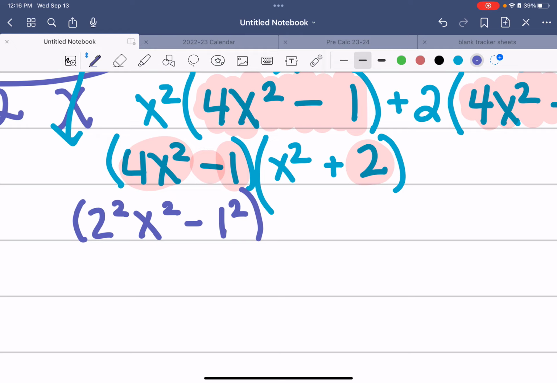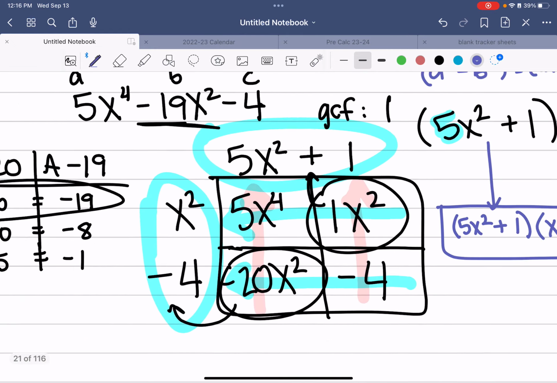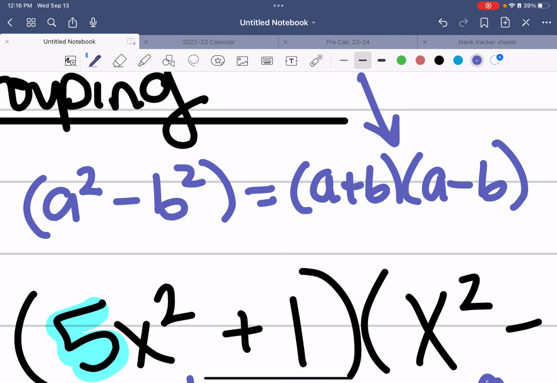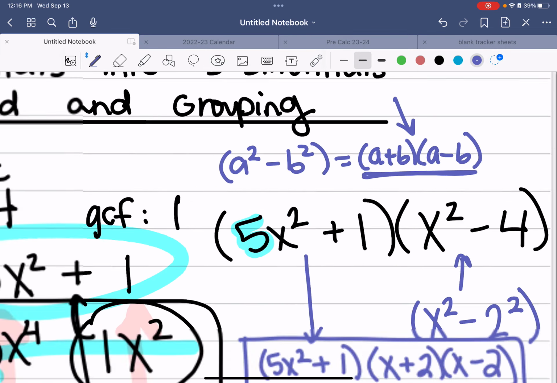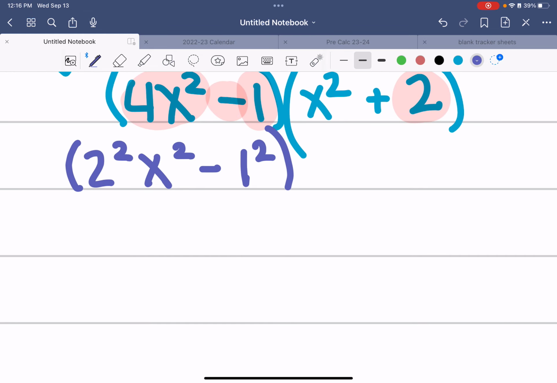Now this looks similar to a squared minus b squared, which we wrote up here, and can be factored into a plus b times a minus b. So to do that, I need to have a and b. So here I have a. If a squared is 2 squared, then a is 2. If a squared is x squared, then a is x. Here for b, if b squared is 1 squared, then b is 1.